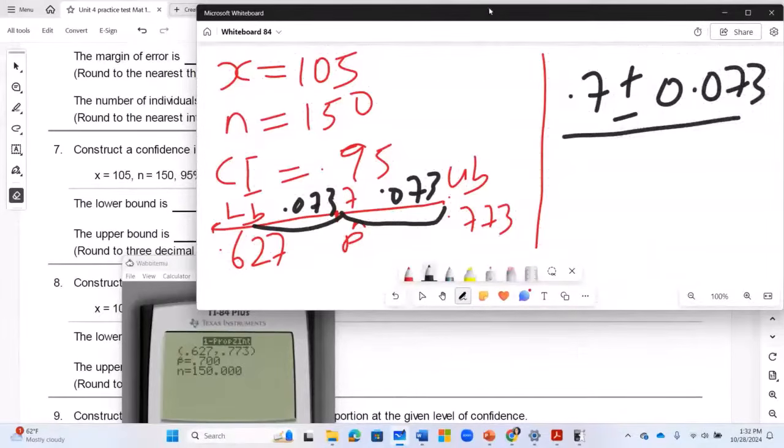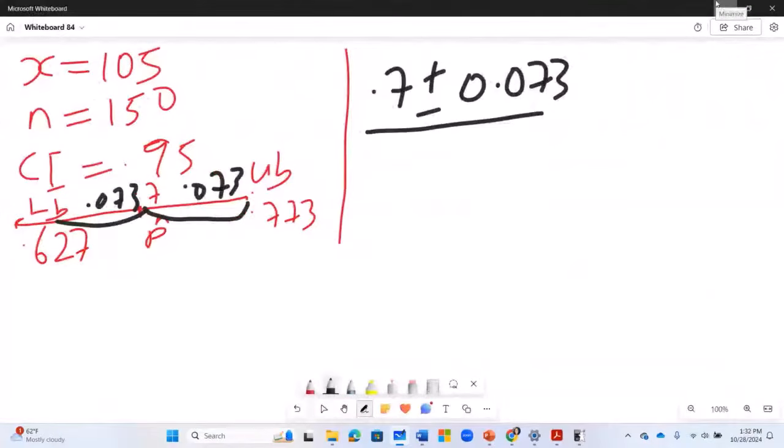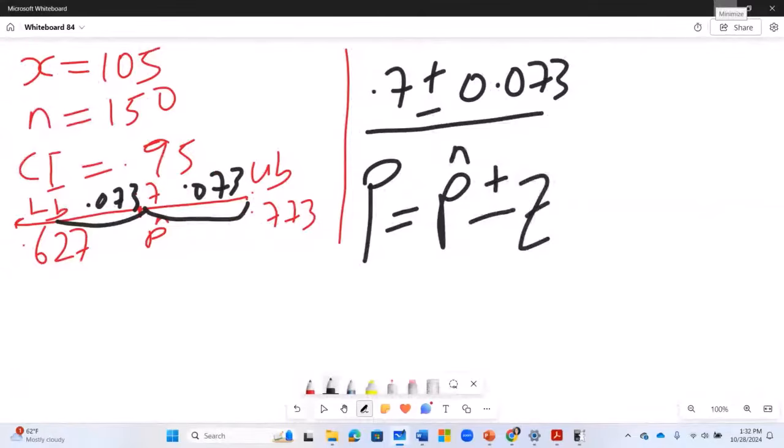Okay? And this is a way to calculate. And you can actually be told to use the formula. The formula is, as we already told you, the population proportion is the sample proportion plus or minus the critical value, provided the conditions are satisfied.